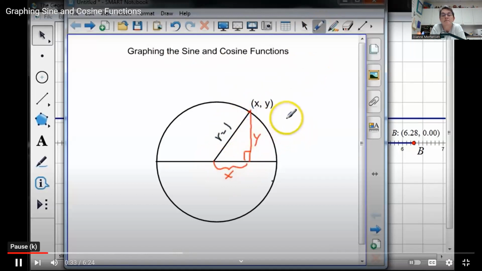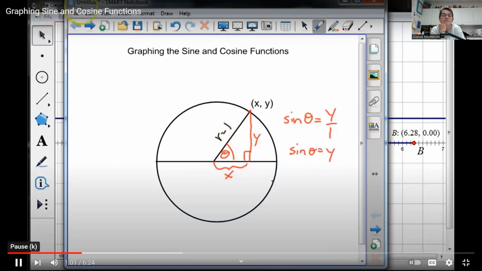Now in a right triangle, the sine of an angle theta, which is this angle right here, is equal to the opposite side over the hypotenuse, which on our unit circle is y over 1. So the sine of theta is the y coordinate of this point on the circle.